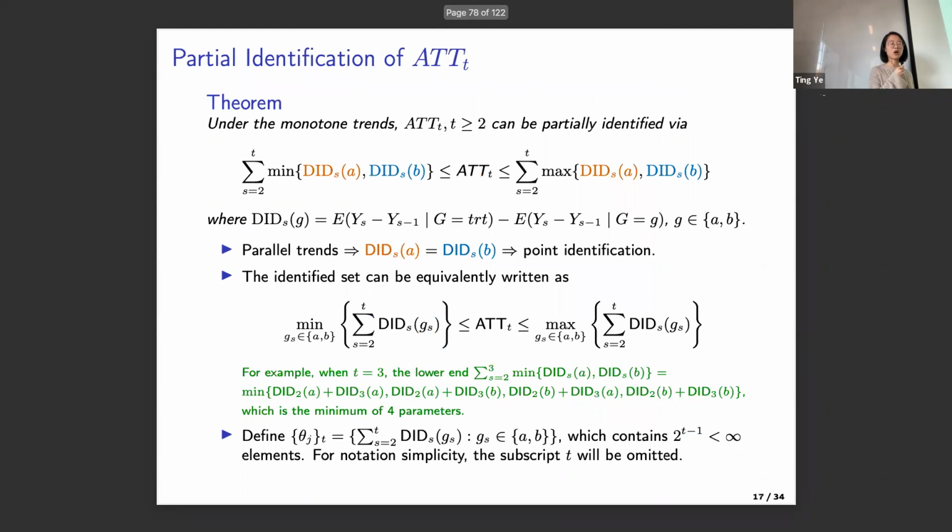So this will be our partially identified result. Under the monotone trends assumption, the average treatment effect on the treated at time t will be partially identified via these bounds, where the lower end is the sum of the pairwise minimums and the upper end is the sum of the pairwise maximums.